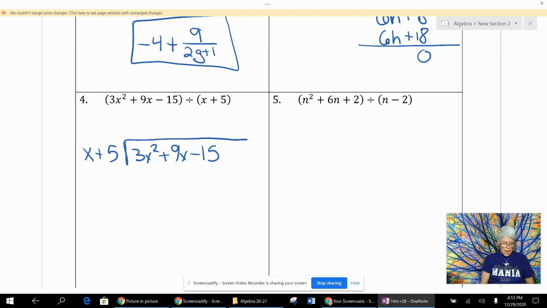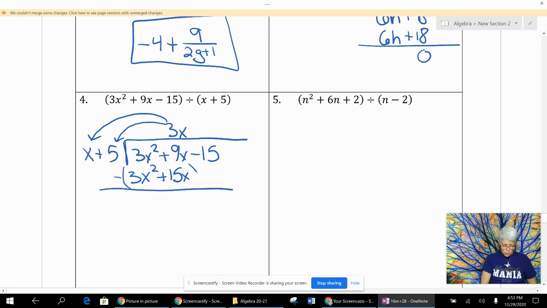Here we go. x goes into 3x squared 3x times. 3x times x is 3x squared. 3x times 5 is plus 15x. If I subtract all this, I end up with a negative 6x minus 15.